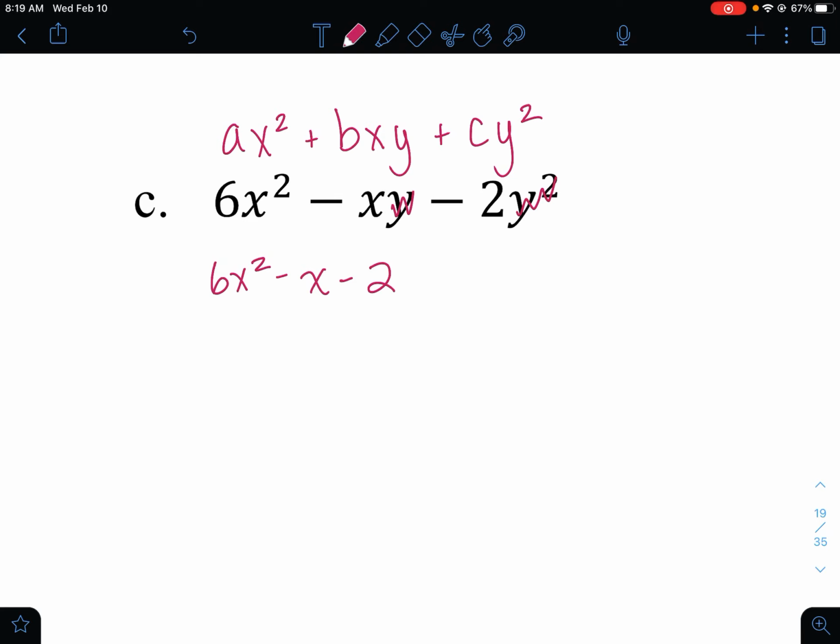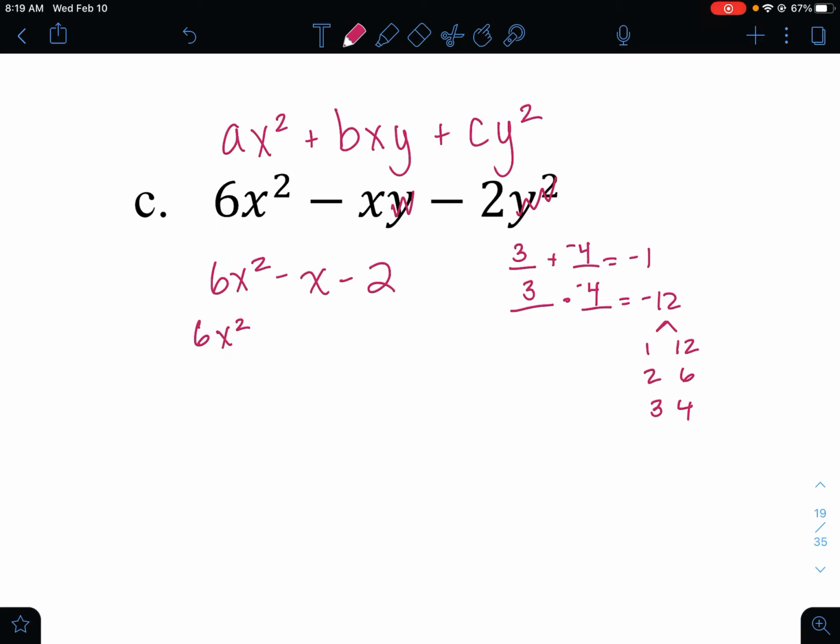I'm going to ask myself, what two numbers added together give me negative 1, but when I multiply them, I get negative 12? So 1 and 12, 2 and 6, 3 and 4. So 3 and 4 are your numbers. The 4 is going to be negative.